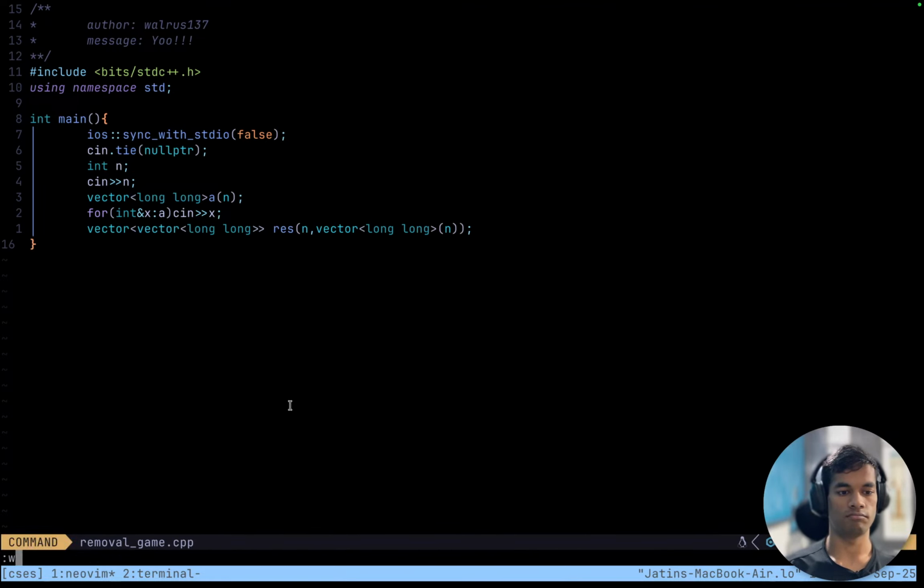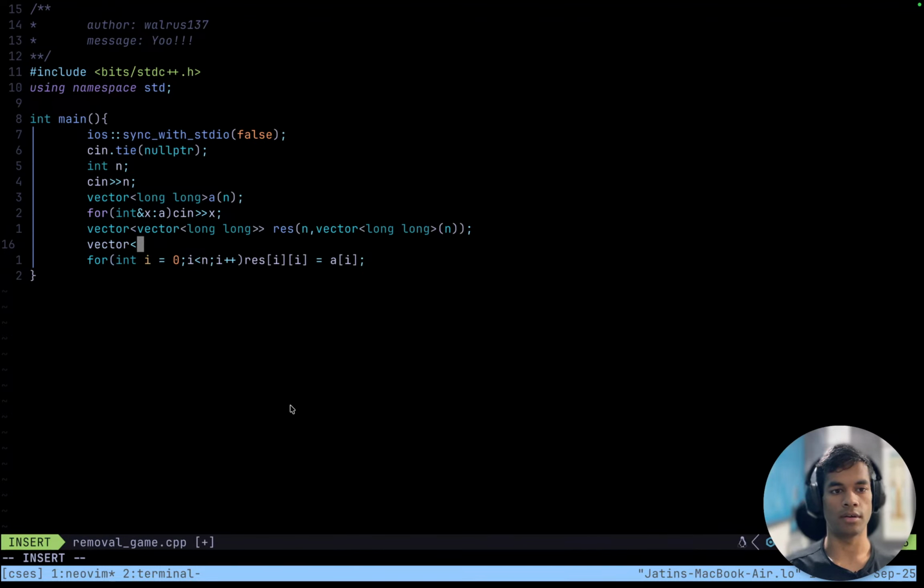And let's fix the base cases: for i equals 0, i less than n, i plus plus, the base case res i i equals a i. That is something that we need. And we also need a prefix array, vector long ref n plus 1.